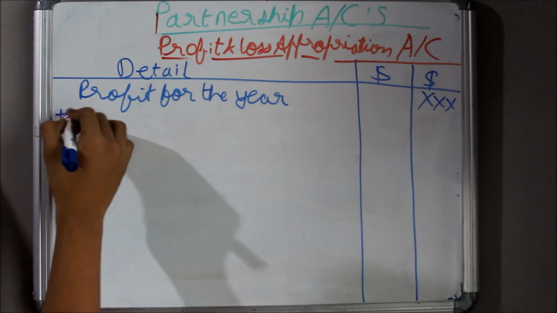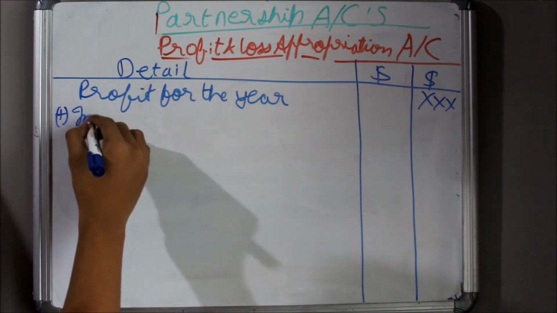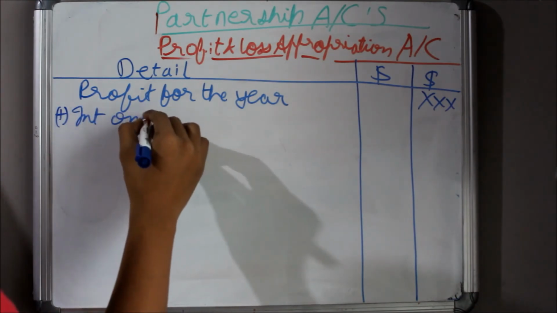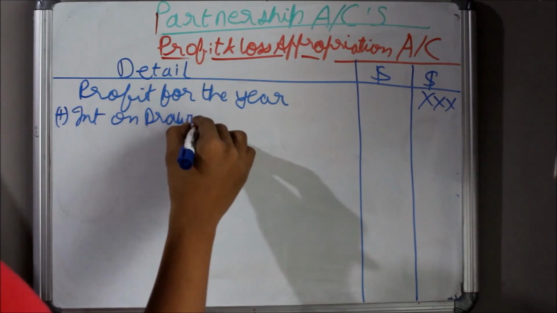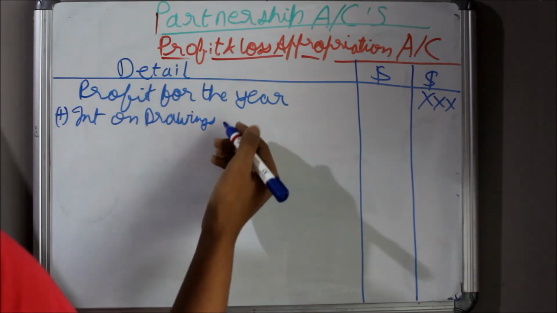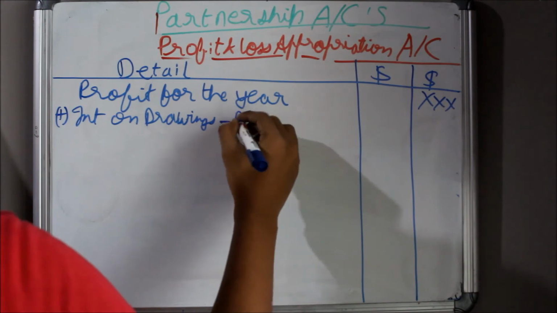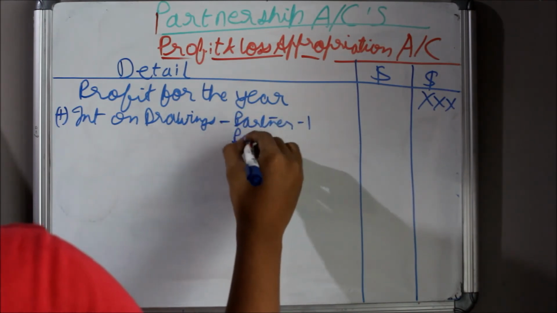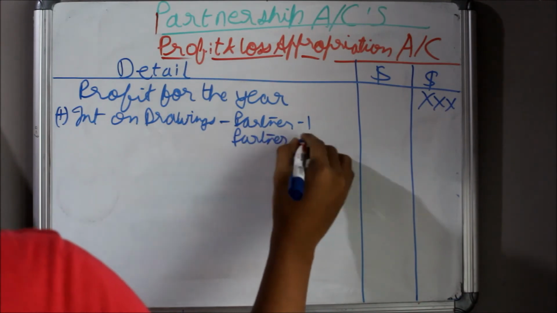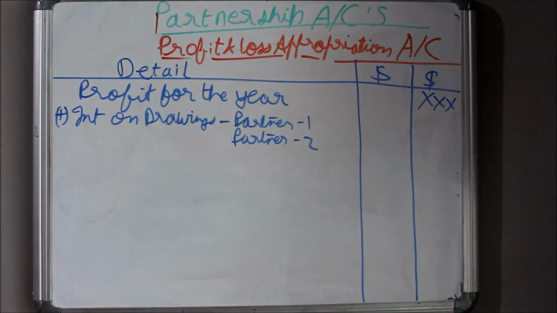So add the interest on drawings: first of all there will be partner 1 and partner 2.